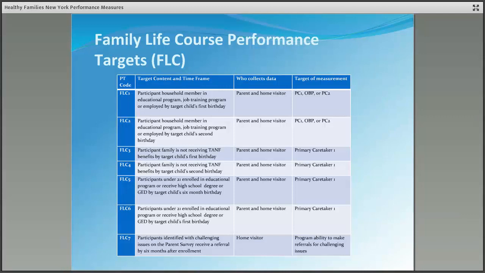FLC 5 and 6 find those PC1s that do not have a high school degree or GED at enrollment and are 21 or under 21 years old. Then when the target child is 6 months old and 1 year old, the target will look to see if the PC1 has gotten a high school diploma or GED, or if the PC1 is enrolled in a degree-bearing program.